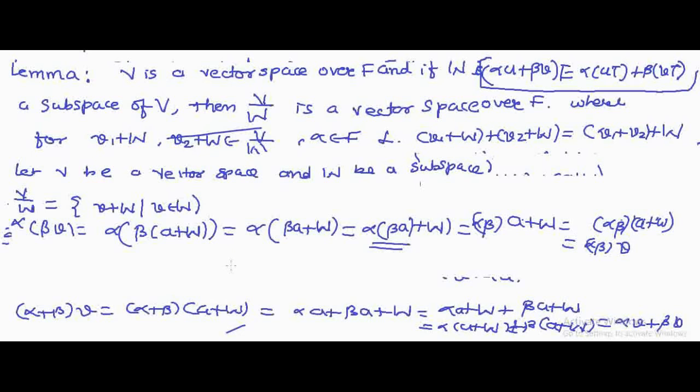Third property is satisfied, and fourth one is very obvious. This is equal to 1 into (a + W) equal to (1 into a) + W equal to a + W equal to v, 1 into v equal to v. All the conditions of vector space are satisfied, and hence the set V by W is a vector space.